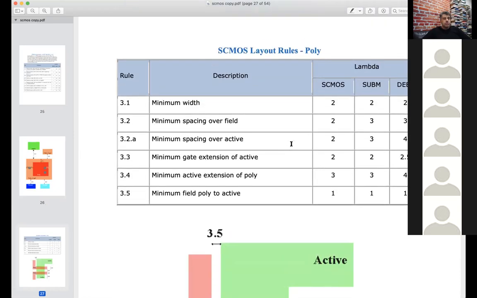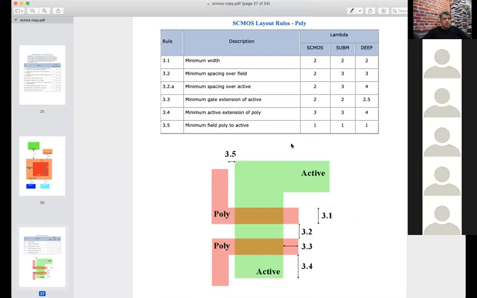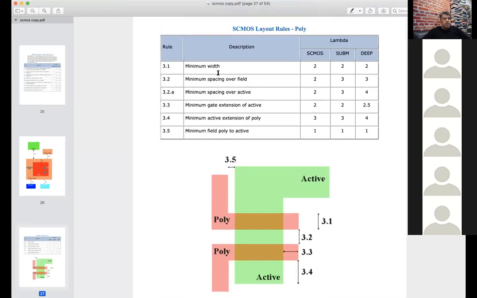So here's a set of rules on polysilicon, an example. There are a bunch of different flavors of these lambda rules. I'll tell you which one we're going to use in a problem or homework, etc. You'd have to use that particular column, either SCMOS, submicro, or deep.